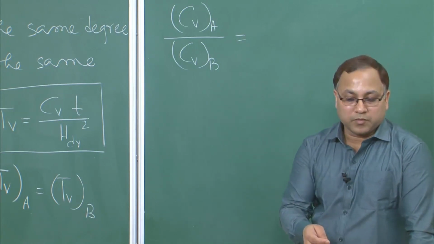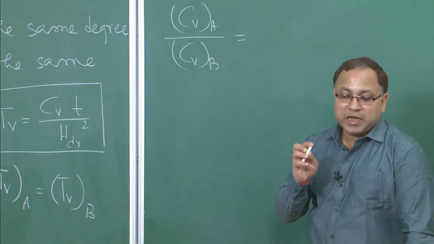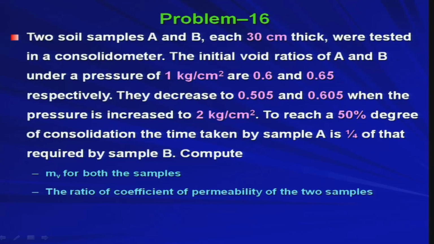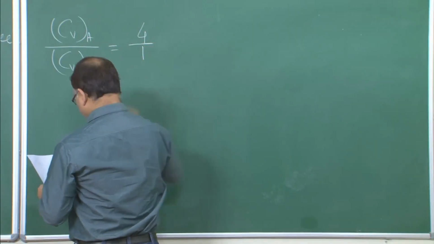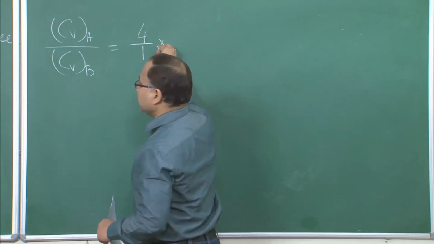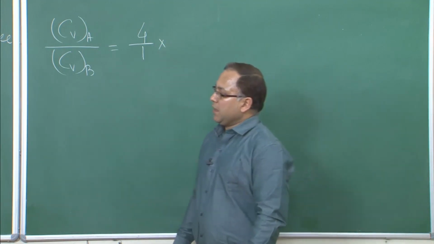That is given in the problem. To reach a 50% degree of consolidation, the time taken by sample A is 1/4 of that required by sample B. So, TB by TA is nothing but 4 by 1.